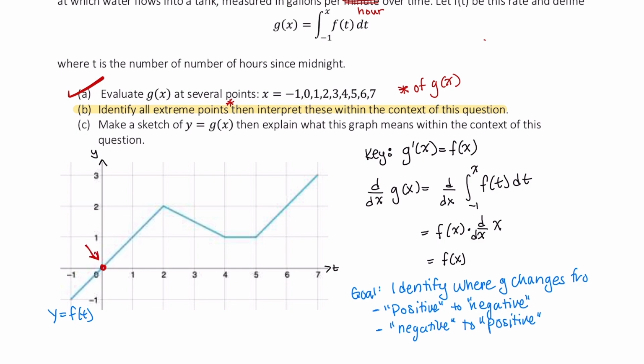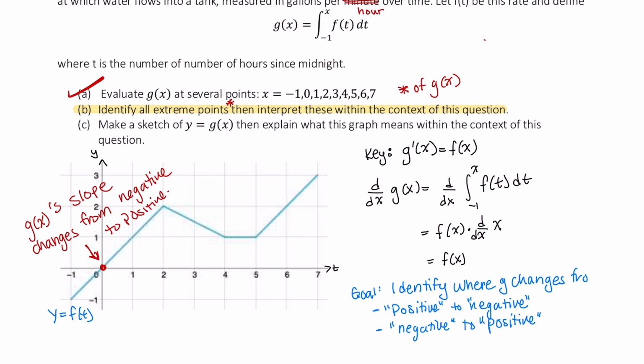So here, g of x's slope changes from negative to positive.